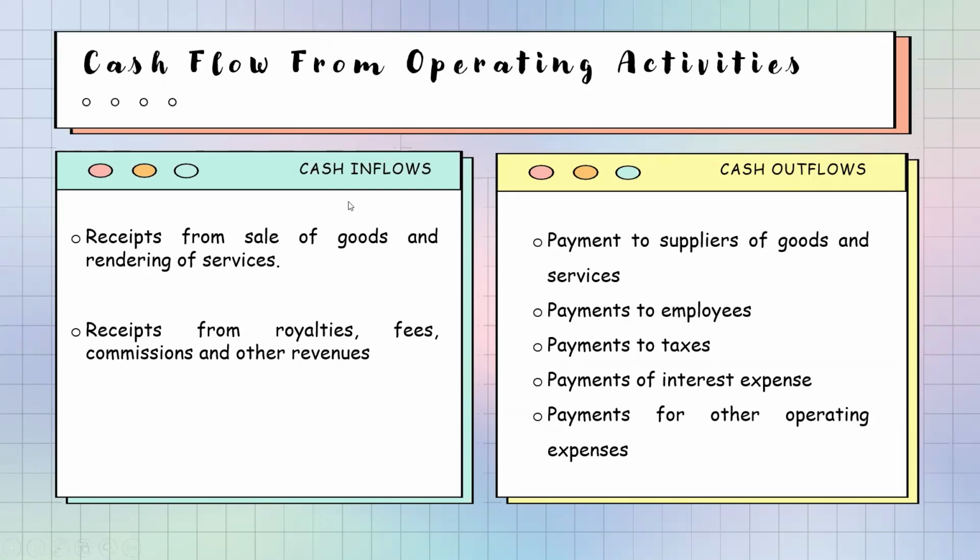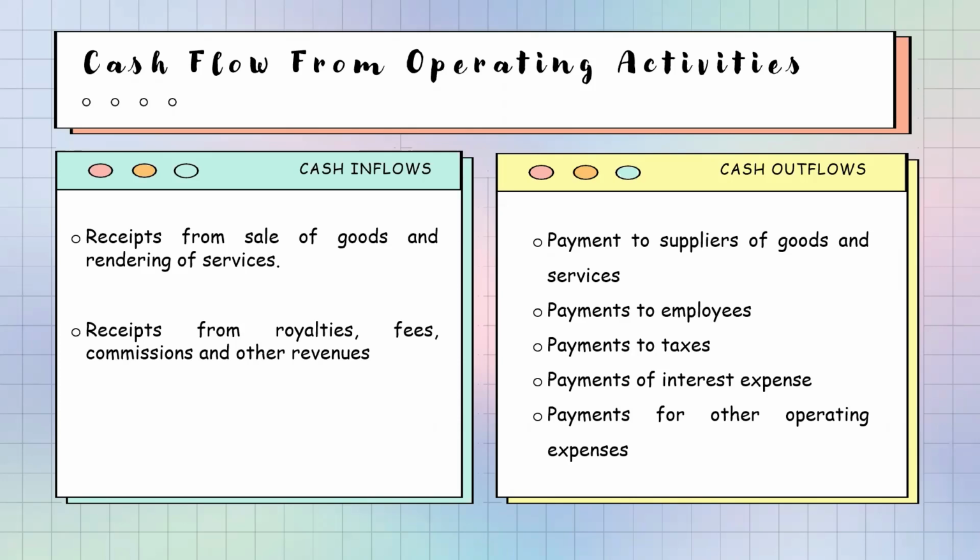So, sa under cash inflows, meron tayong dalawa. So, receipts from sales of goods and rendering of services. So, dito, makakatanggap tayo ng cash kasi nga, nag-perform tayo ng service. And syempre, kapag nag-perform tayo ng service, magbabayad si client or si customers.